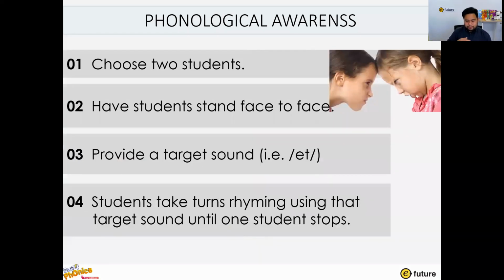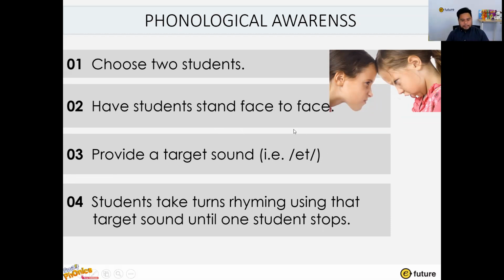How you would do it: have 2 students, or you can have groups, depending on the level of your students. If you know that your students can produce the words by themselves, I would recommend going in pairs or into groups. Then you can have them face off. You can bring them to the front or have them just stand up and pick a target sound. Like here, we pick the et sound.